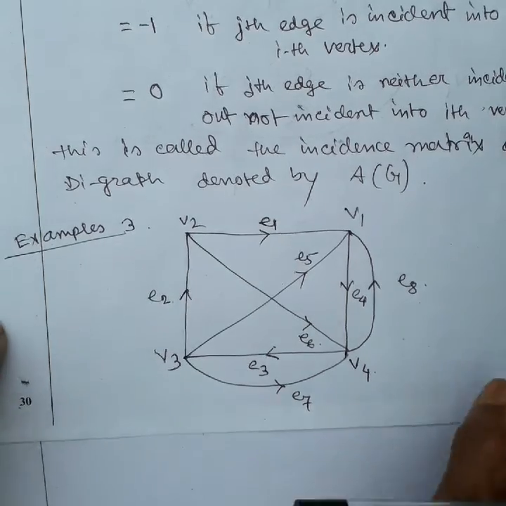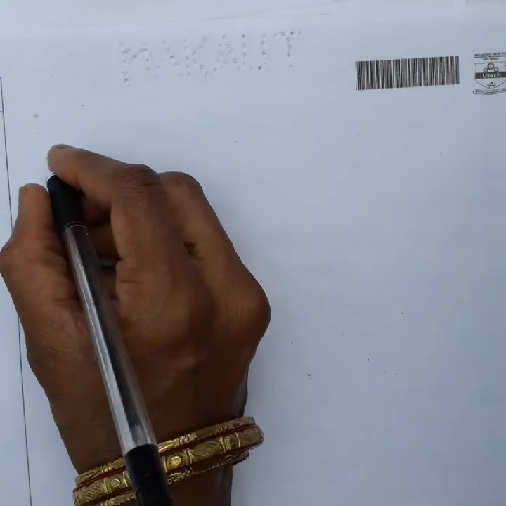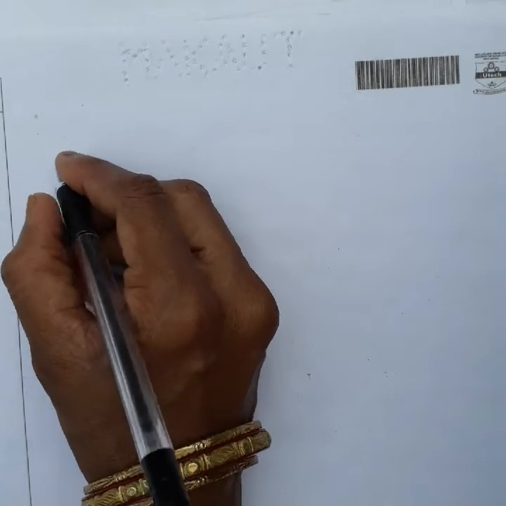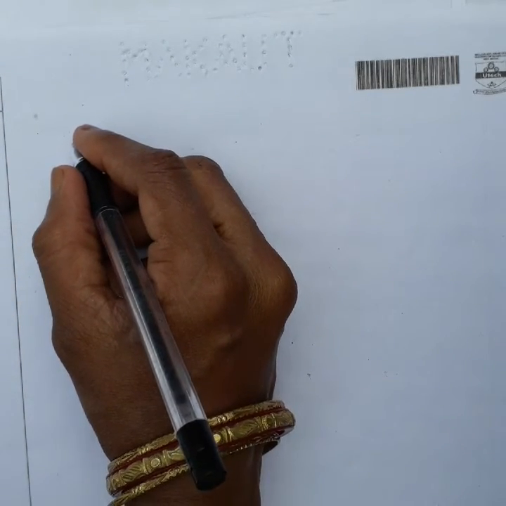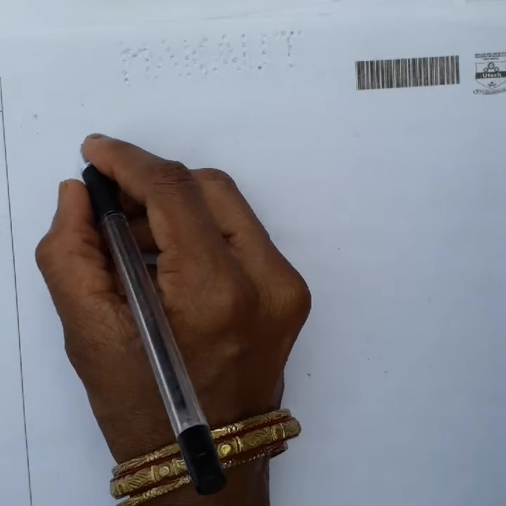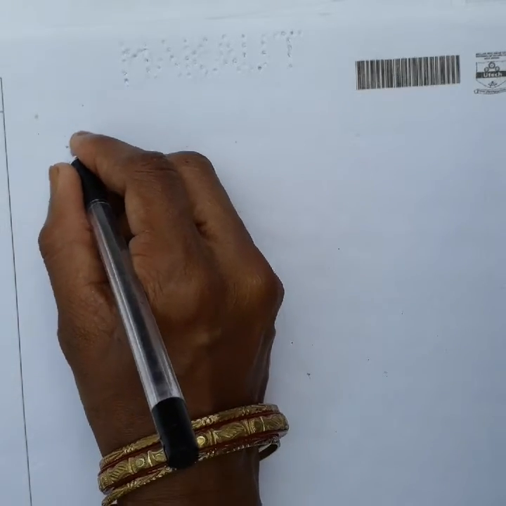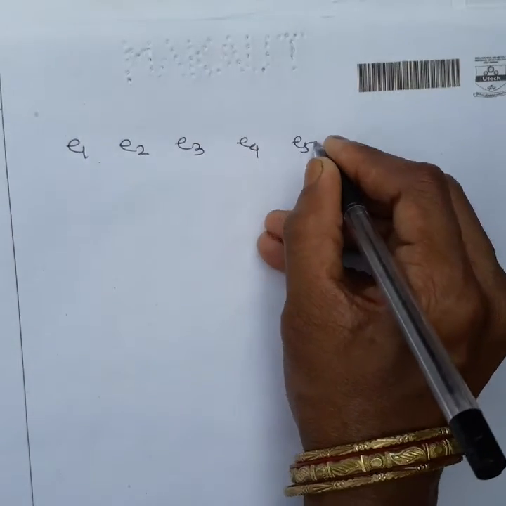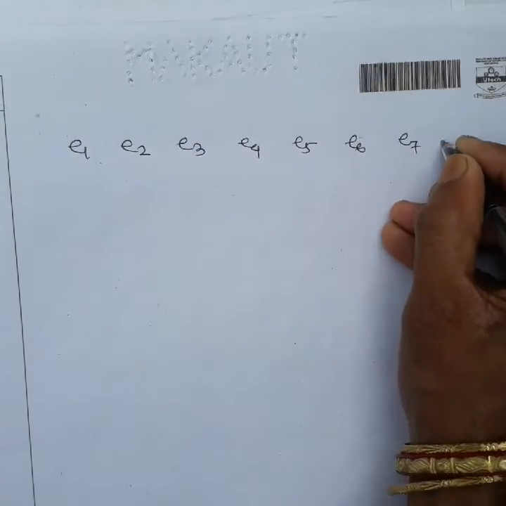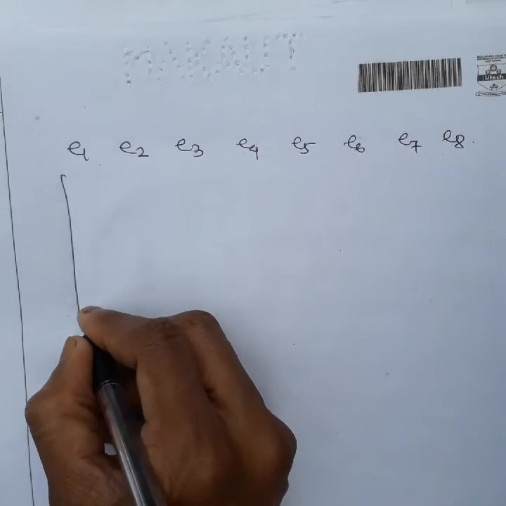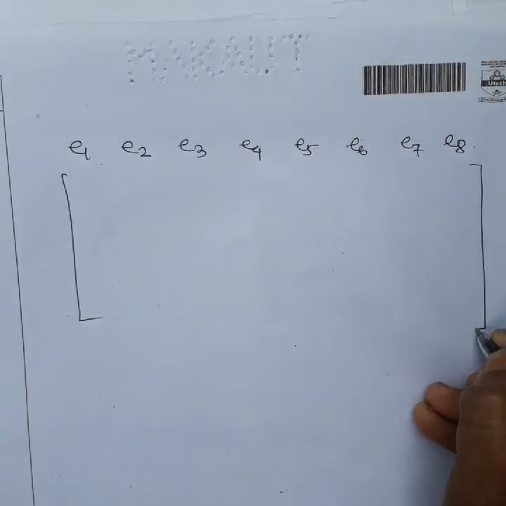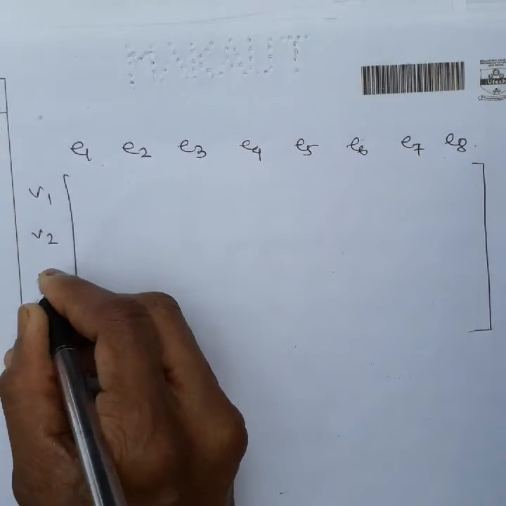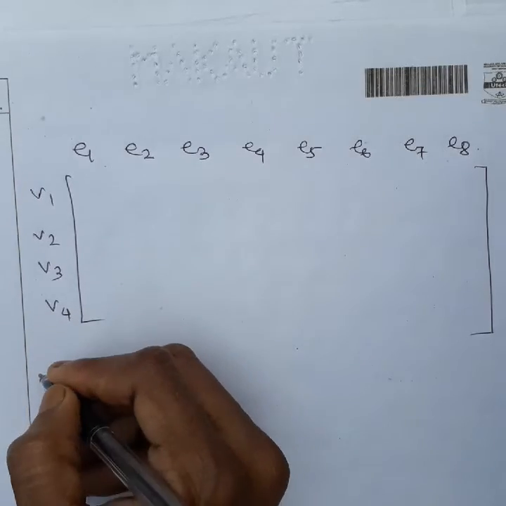Okay, so the matrix is defined, we can define the matrix this way. Here the number of edges is 8. Okay, so E1, E2, E3, E4, E5, E6, E7, E8, and V1, V2, V3, V4.